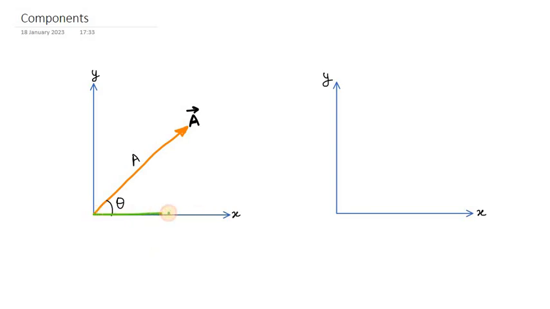So we can create one component along the x direction, and we can create another component along the y direction. Here are the two components drawn, rectangular components. So the rule is that whichever component is connected by the angle theta with the vector, that will be the cosine component, A cos theta, and the other component which will be making 90 minus theta angle would be the sine component, A sin theta.